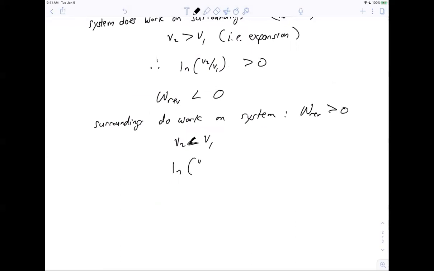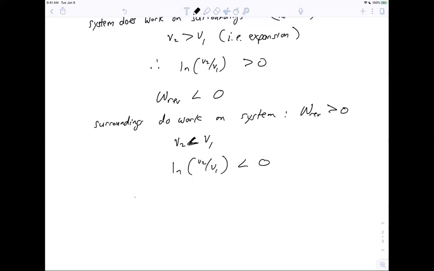Natural log of V2 over V1 will be less than 0, because now V2 over V1 is less than 1. When you have any fraction as the argument of a log, you get a negative log for that combination.